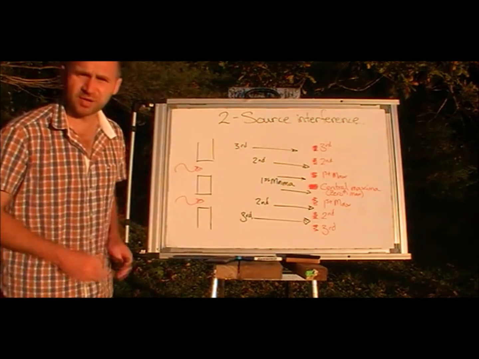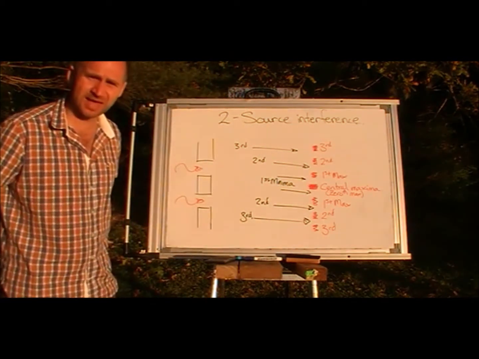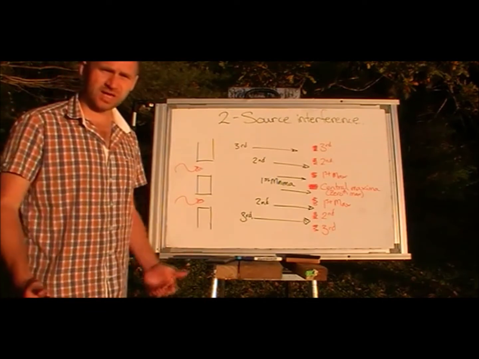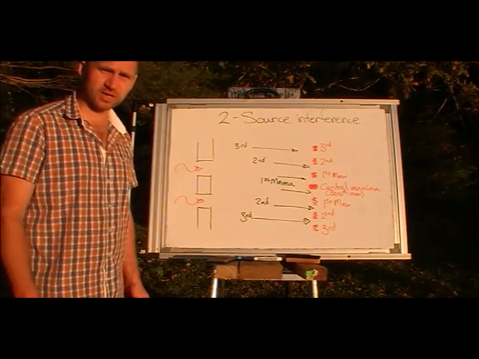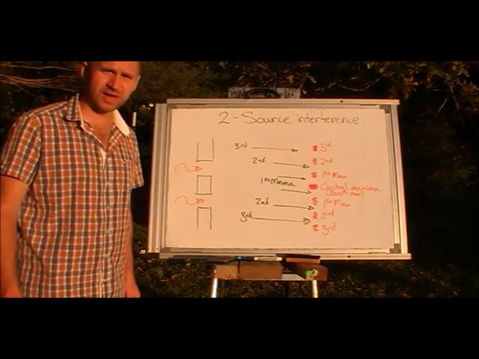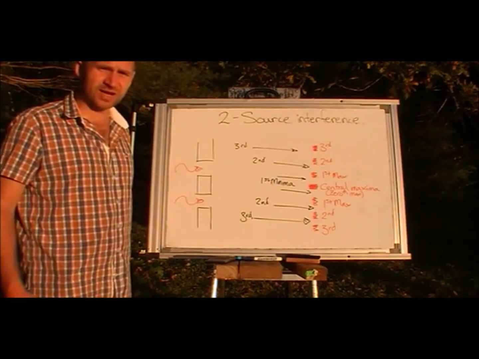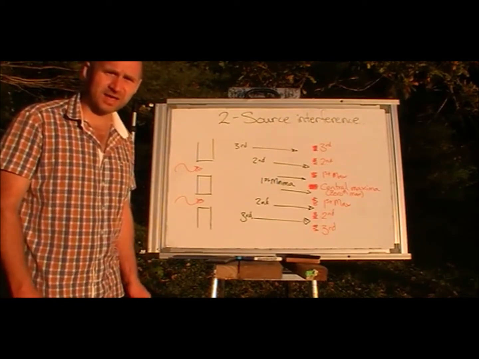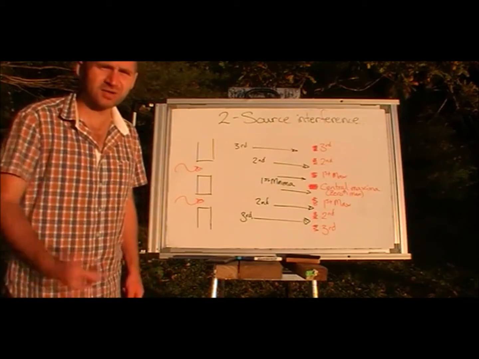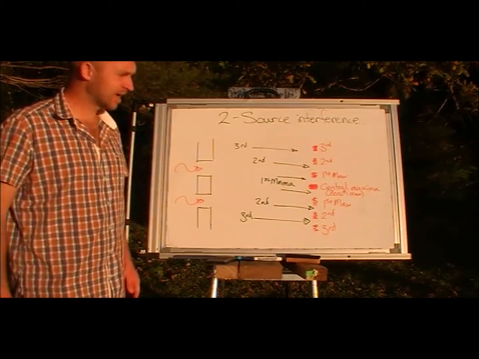And so we end up with a pattern like that. And thinking about this is quite incredible, really, because how much is the wavelength of light? It's hundreds of nanometers, about half a micrometer, and there's 1,000 micrometers in a millimeter.